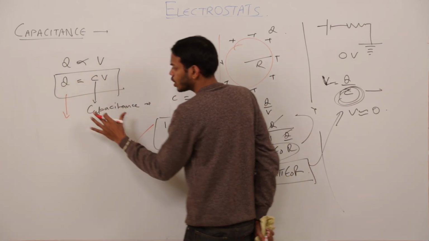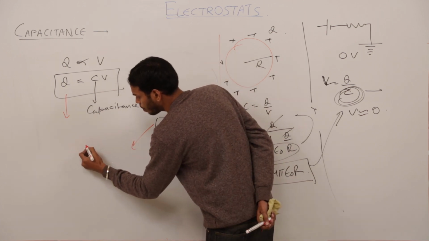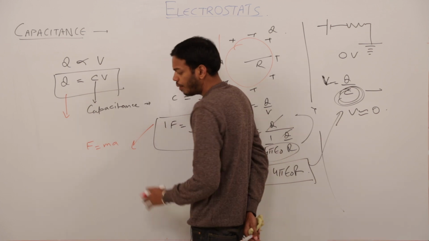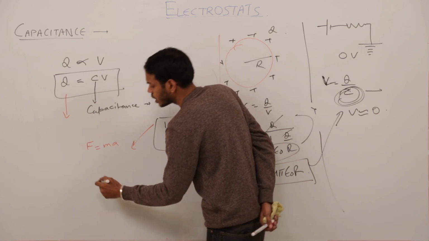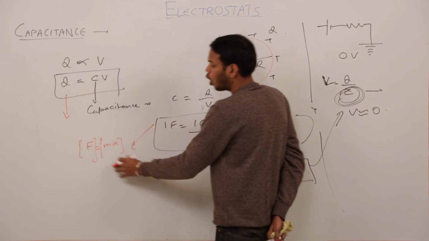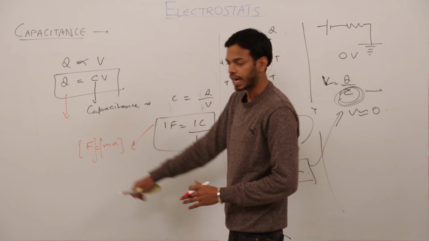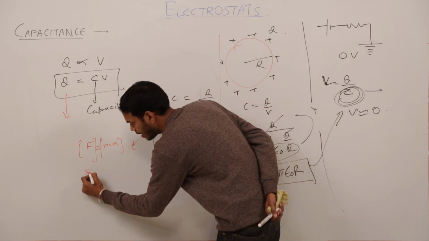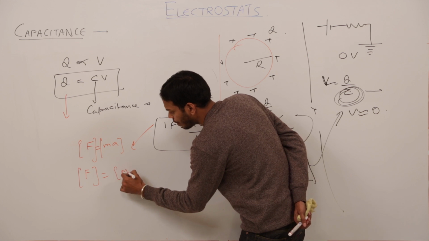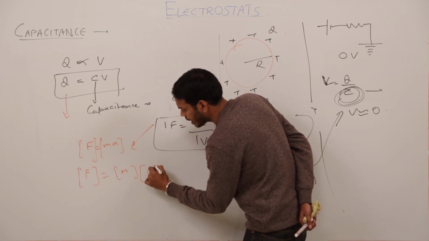I'm using the formula F is equal to MA. I want the dimension formula of force. When writing the dimension formula, we keep all the physical quantities inside square brackets. Then the dimension formula of F is the dimension formula of M into the dimension formula of A.